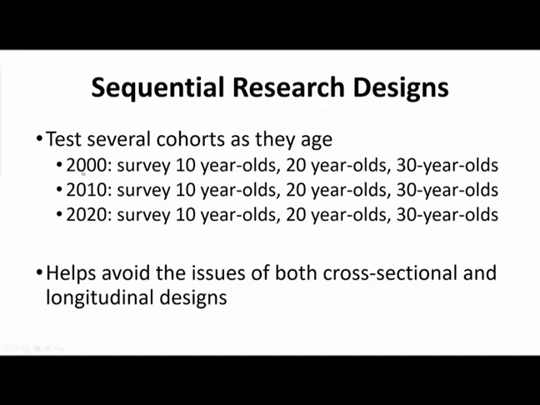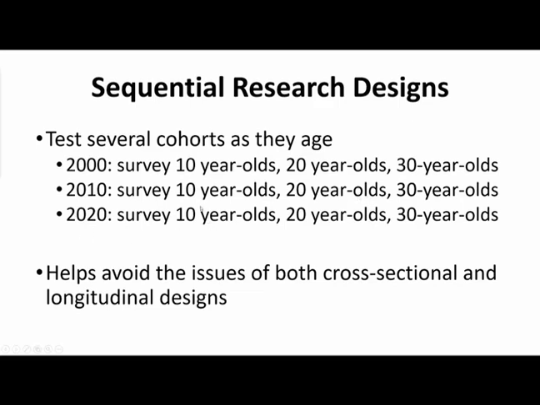So in 2000, you could survey 10-year-olds, 20-year-olds, 30-year-olds. In 2010, you'd probably want to, in fact, survey the same people again. I didn't really shift these numbers, but this would be 20-year-olds, 30-year-olds, 40-year-olds, because everyone's now 10 years older.